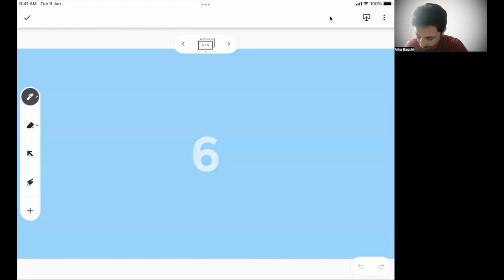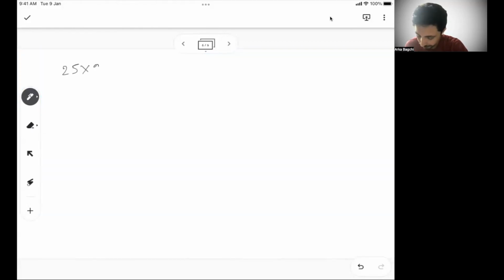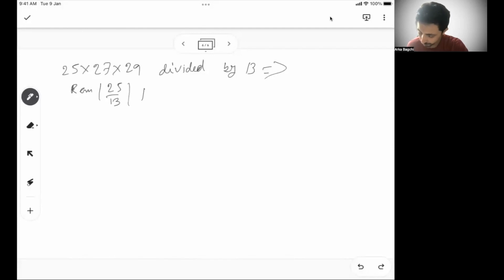Let's say 25, 27, 29 gets divided by 13. Now, if this is given to you, how will you write? It's the remainder of 25 by 13, into the remainder of 27 by 13, into the remainder of 29 by 13.